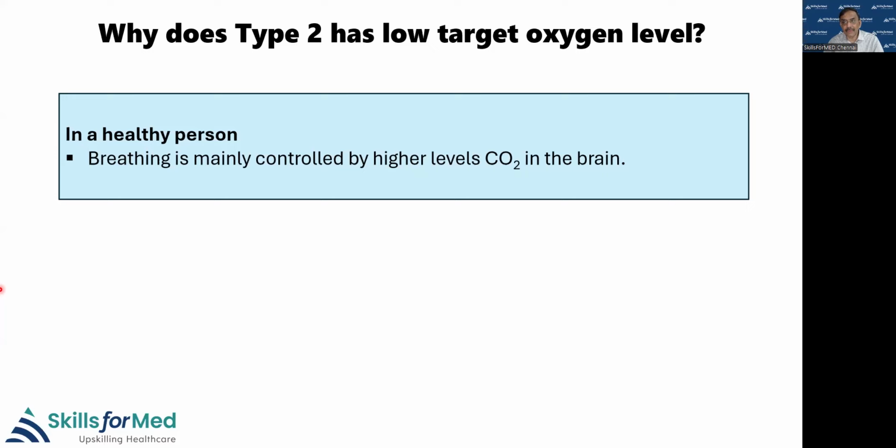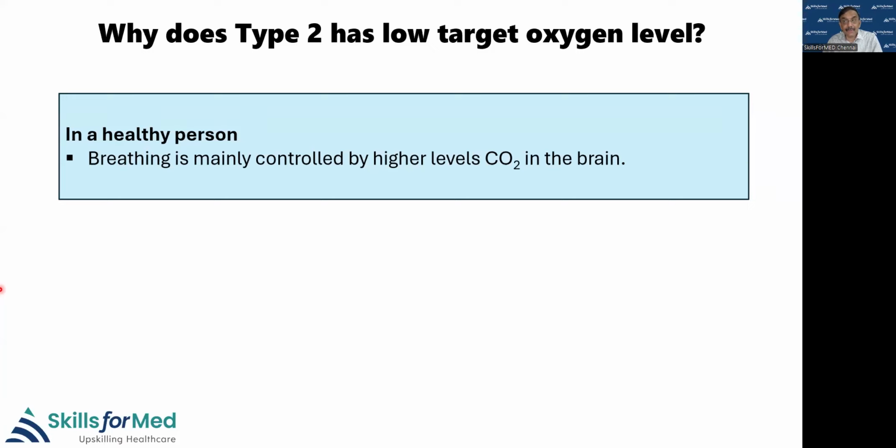When we take in oxygen and breathe out carbon dioxide, and the carbon dioxide gets retained in the blood and its level goes up, this triggers the chemoreceptors in the brain, and it sends signals to the respiratory system to breathe faster and wash out the carbon dioxide. So this is the usual mechanism.